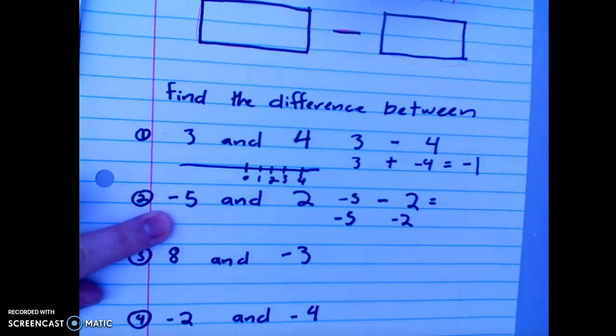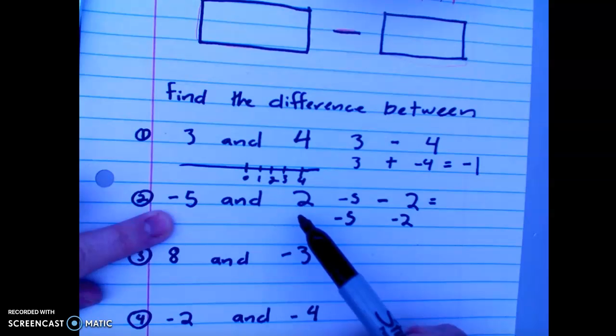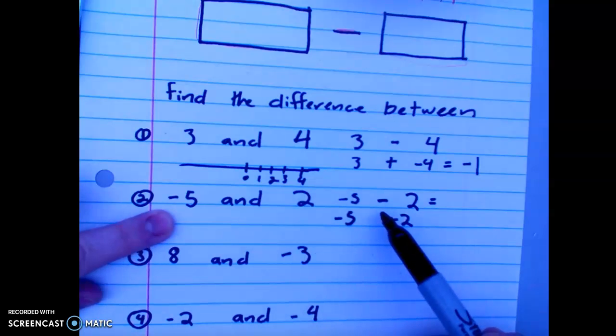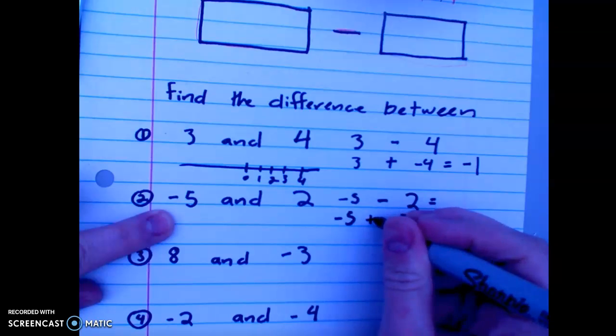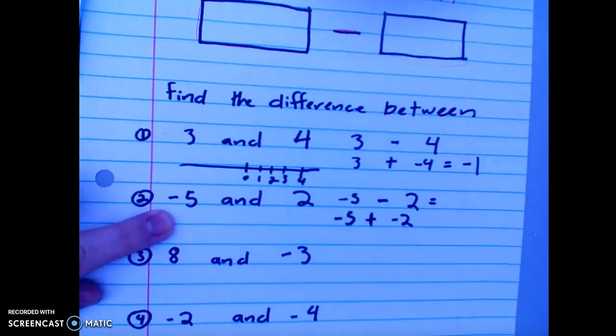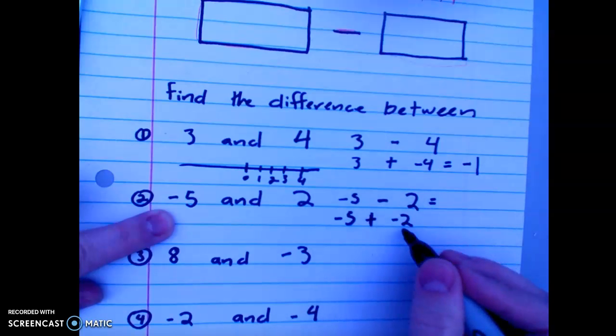And you're saying, wait, hold up, Miss Jones. It wasn't a negative 2. I know. It was a subtraction problem. And we all know that when you have a subtraction problem, you need to rewrite it as an addition problem. So yes, I scooted the subtraction over. It's okay.